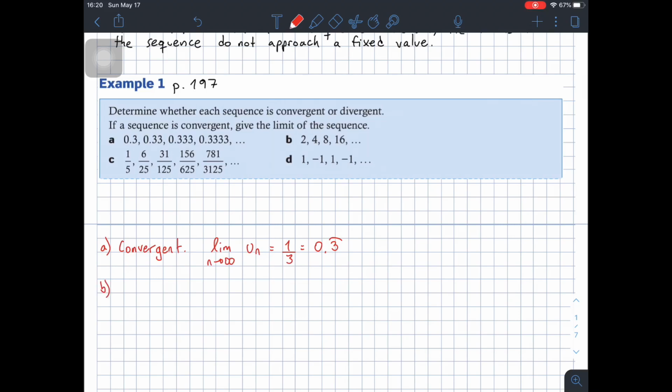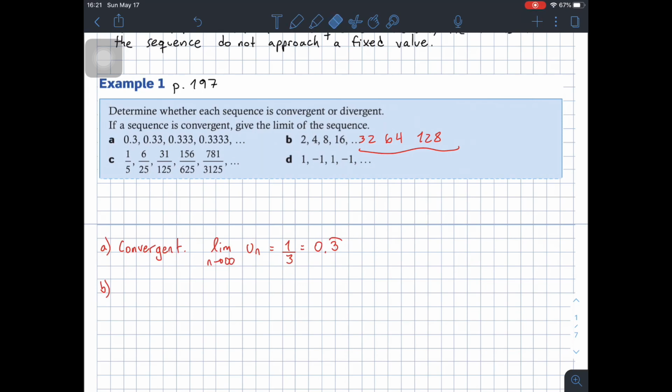Then we have B. What do you think about B? 2, 4, 8, 16. We see that the terms are increasing, right? If we keep on doing this, this would be then 32, then we have 64, then 128, and so on. So we're not converging to a specific value. This keeps on increasing until infinity, right?